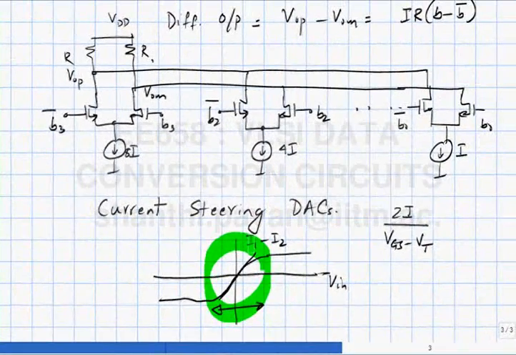This B3 and B3 bar need not go all the way from 0 to full rate. So the swing required here is actually quite small, and if voltages have to swing less, presumably they take less time to do so. So current steering DACs are good candidates for really high speed operation, and not surprisingly, they are very popularly used.